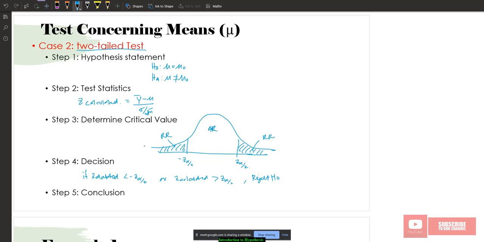We conclude based on the acceptance hypothesis. So this is alpha divided by 2. You need to remember this and make sure you understand the difference between a one-sided test and a two-sided test.